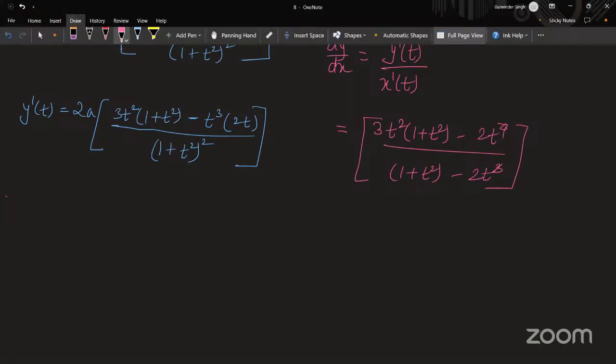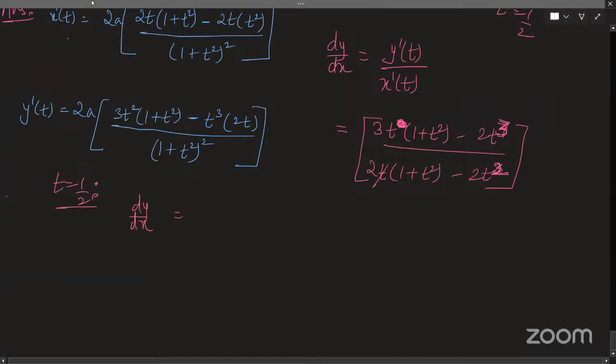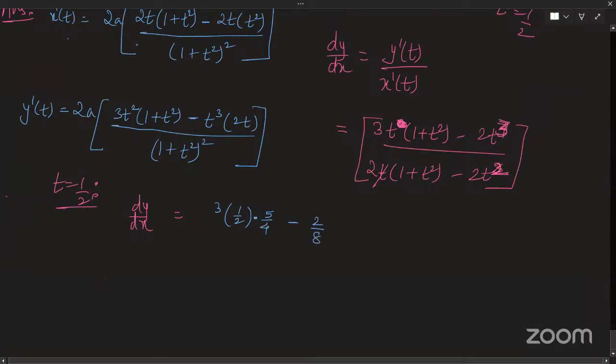So if I cancel it out, this will become 2 and this will become 3 and this will become t. Now I know that my value of t is half. I'll just input it. So my value of dy by dx will be how much? So 3 into half into 1 plus 1 by 4, 5 by 4 minus 2 by 8, whole divide by 2 into 5 by 4 minus 2 by 4.